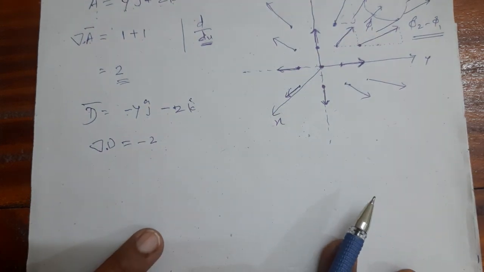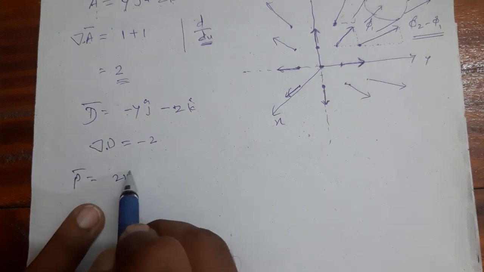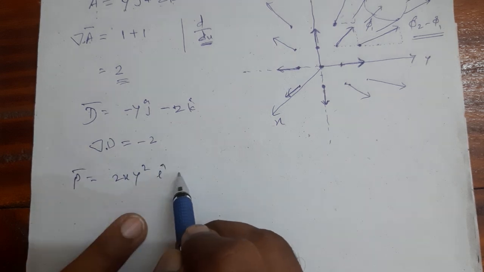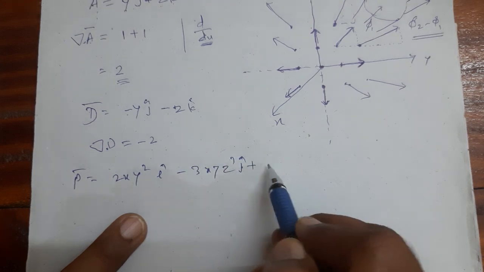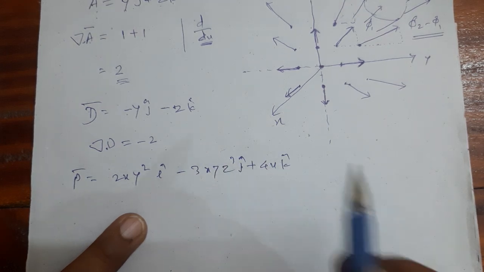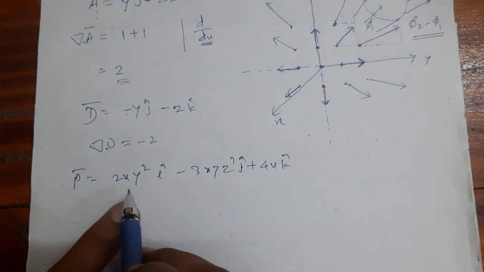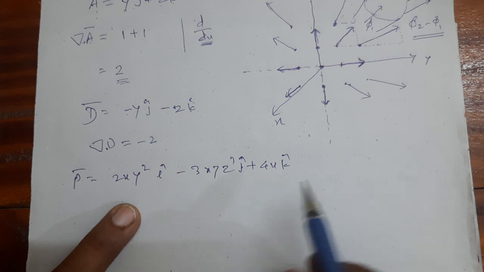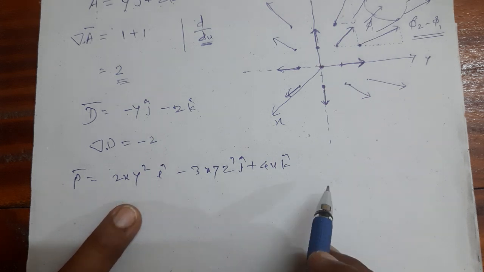Now obviously for some complicated functions, if I think about P bar equal to 2xy square i cap minus 3xyz cube j cap plus, suppose, 4x k cap, you may calculate the divergence, but it is a bit complicated to represent this in vector form and to interpret the divergence, because the divergence depends on the position.